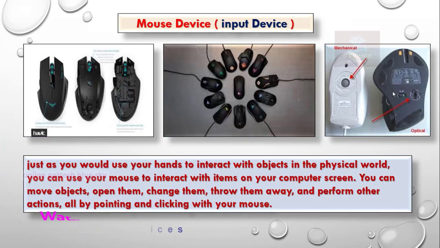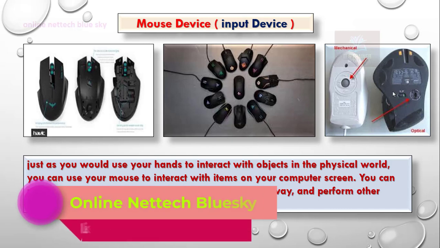So first understand what a mouse is used for. Just as you would use your hands to interact with objects in the physical world, you can use the mouse to interact with items on your computer screen. When you are watching YouTube videos, you control them with your mouse.